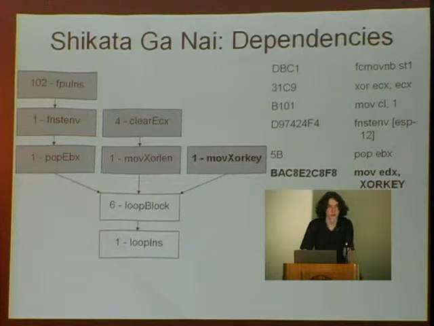Going back to the 3 rules of polymorphism, this dependency chain allows you to reorder it in different ways every time. It also uses different instructions every time, so if you look at the same code generated 2 times, it looks nothing alike. It has different orderings and it uses different instructions.